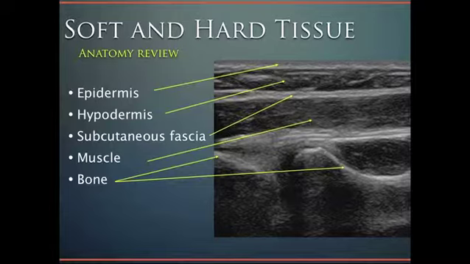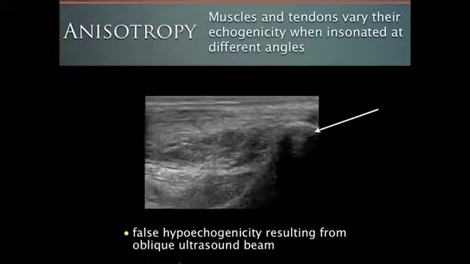And then there's the subcutaneous fascia, which is that hyperechoic line. And then below that, we can see muscle. And finally, the bone being the hard tissue. It's very dense, it's very hyperechoic, and therefore it reflects the sound.